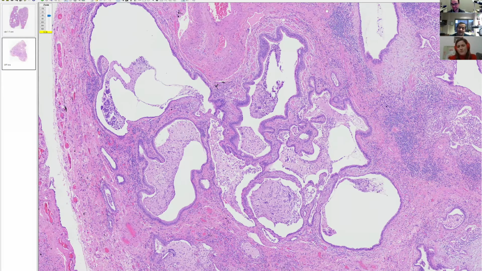And again, this is a point that people have said for decades. We are not the first people to come up with this idea. When something is UIP, it behaves badly regardless of what the so-called presumed etiology is. So connective tissue disease with UIP, people have been doing studies for decades over and over to try and show that connective tissue UIP is different than regular UIP, but those patients do very badly.